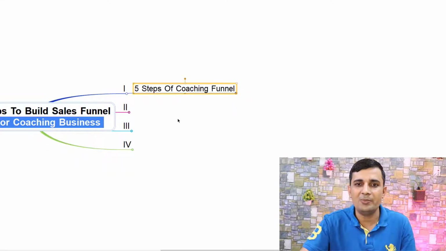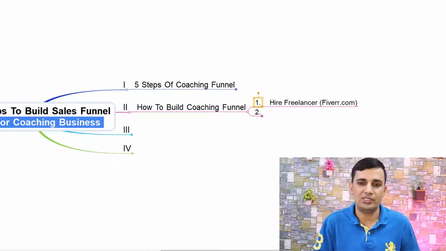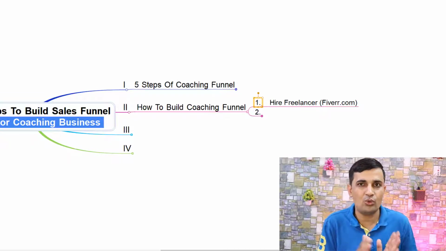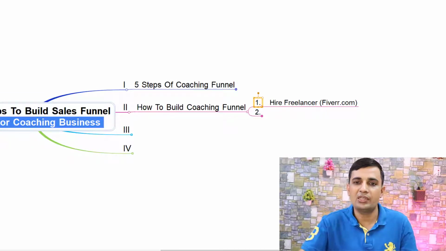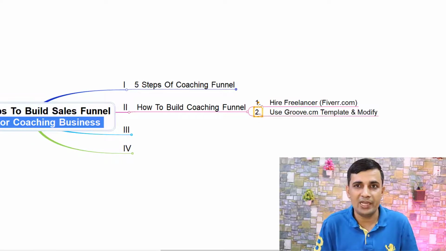And now let me tell you how to build your funnel. So there are 2 ways. Number one way is to hire freelancers. You can hire freelancers on fiverr.com to build your coaching funnel. I will drop a link in the description of this video to hire good quality freelancers. And number 2 way is you can use a Groove.cm template and modify it.